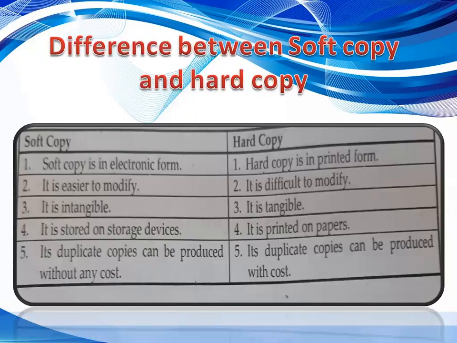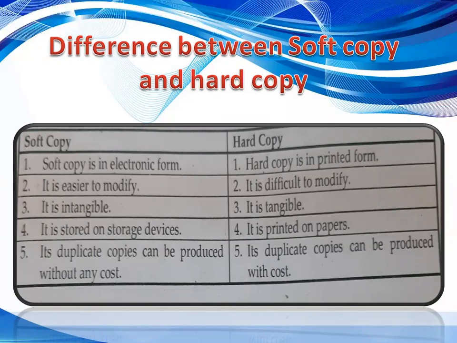Now, what is the difference between the soft copy and a hard copy? In this lecture, we discuss the hard copy devices and soft copy devices. Soft copy is in electronic form.